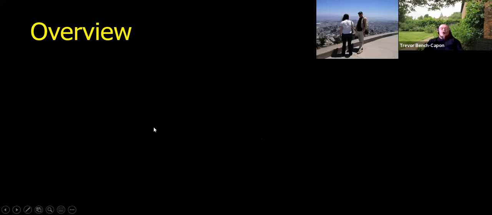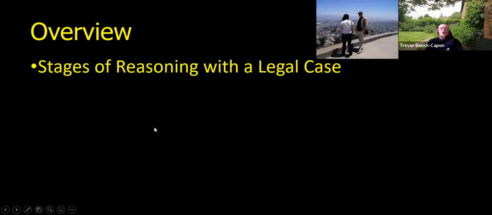So to give an overview, let's talk about the stages of reasoning with a legal case. Reasoning with a legal case goes through a sequence of stages, and each stage has its own distinctive reasoning, so it's important to recognize this.